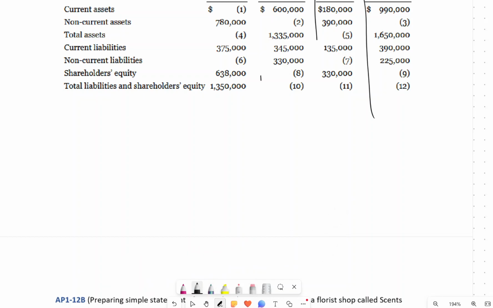So first, we know your total assets equal your total liabilities plus my shareholders' equity.